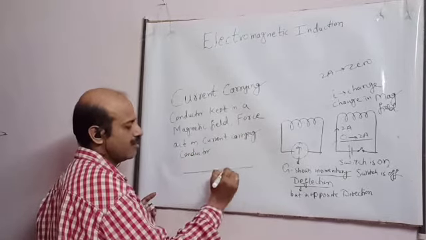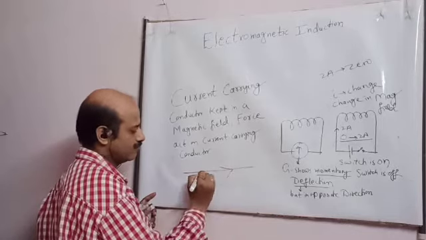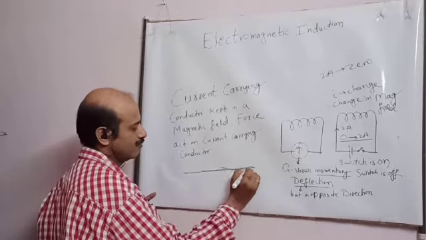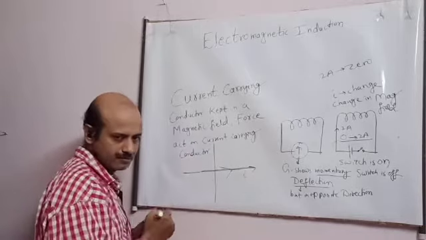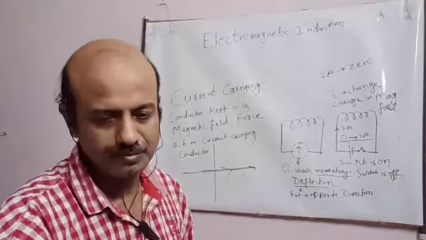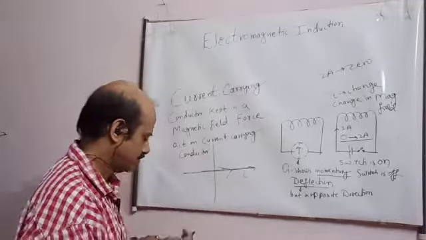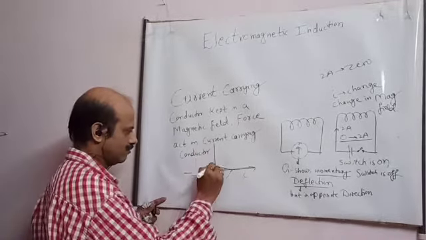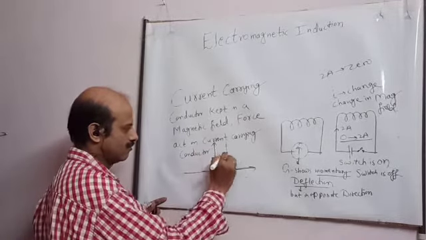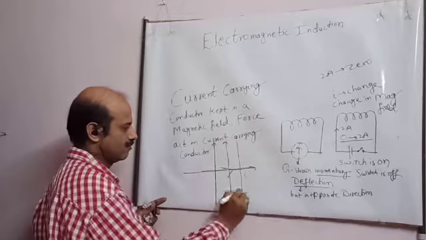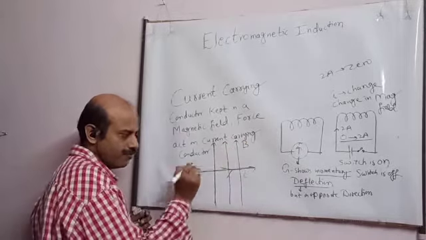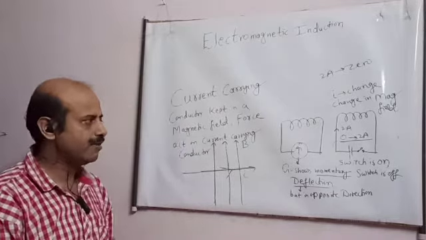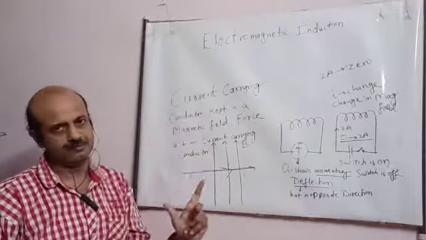So this is the current carrying conductor, and this is the magnetic field. A force will act on this, given by Fleming's left hand rule, student.